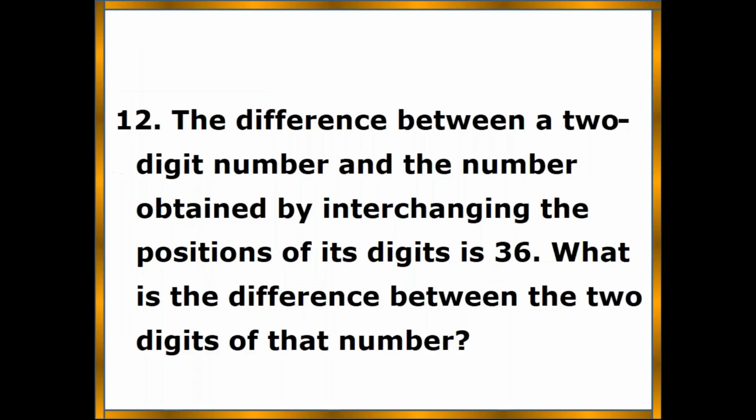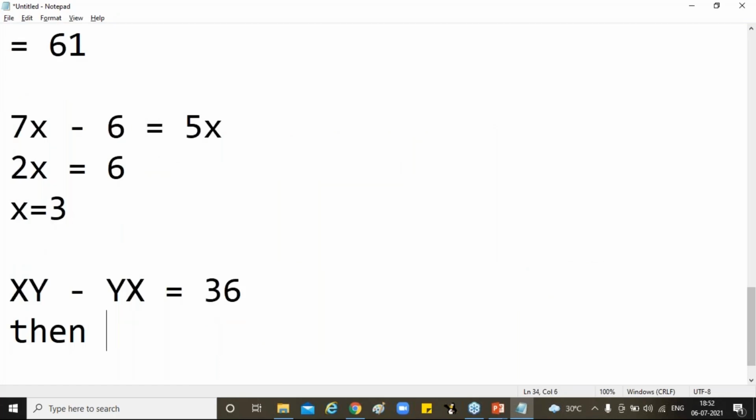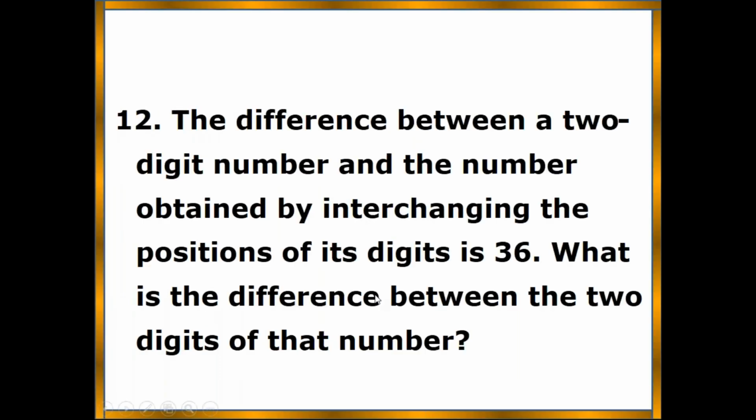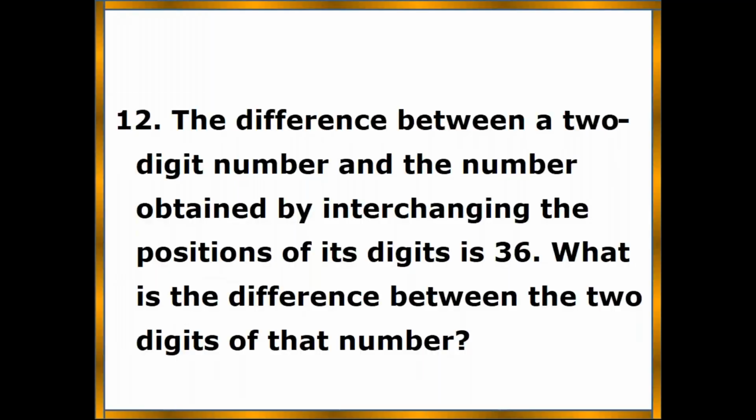So the difference is how much they gave? 36. Then find the difference between the two digits of that number. Our assumption is the two-digit number is xy, where x is the first digit and y is the second digit. So what exactly is required?